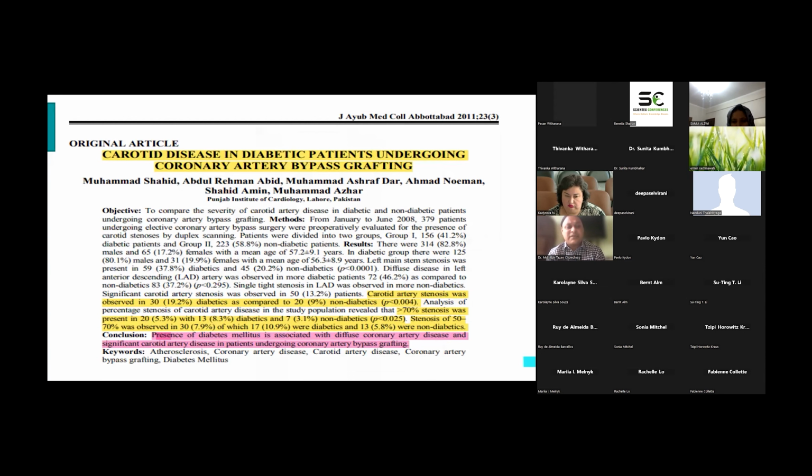These are a few papers which correlate with our study. This one is titled carotid disease in diabetic patients undergoing coronary artery bypass grafting, conducted by Shahid and colleagues. The study showed that more than 50% stenosis was more common in the diabetic group, 10.9% in comparison to 5.8% in the non-diabetic group, while more than 70% stenosis was also more common in the diabetic group, 8.3% in comparison to 3.1%.